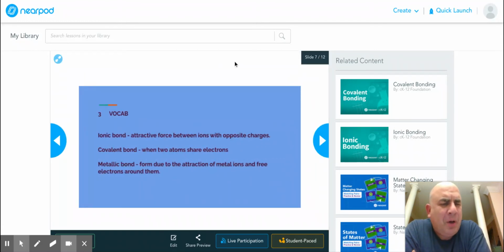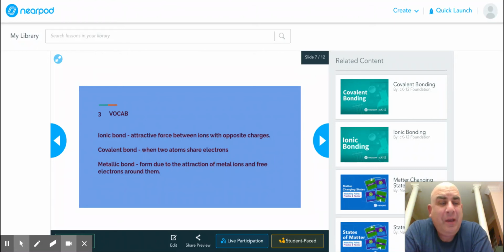So we have three types of bonds, not James Bond, but we have ionic bond, covalent bond, and metallic bonds. Ionic bonds are an attractive force between ions with opposite charges. So I have a negatively charged atom and a positively charged atom, and they attract each other like magnets. Covalent bonds, where they share the electron.